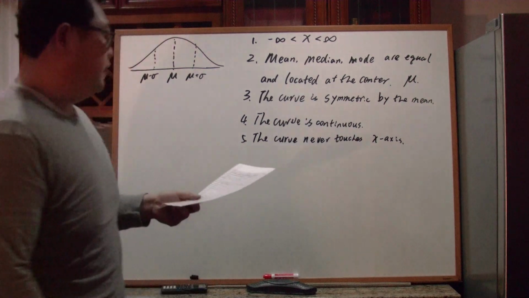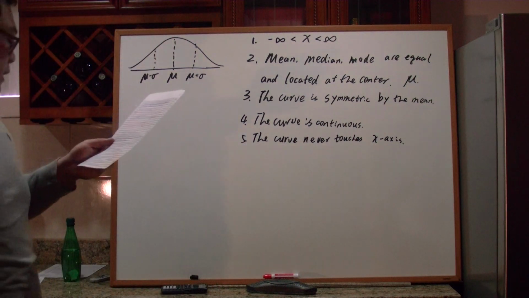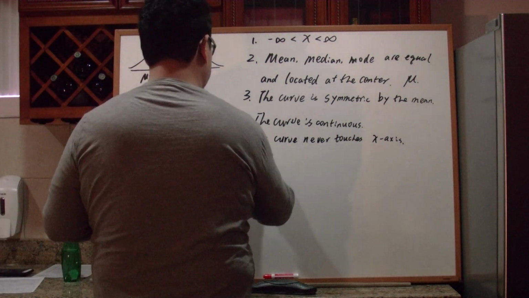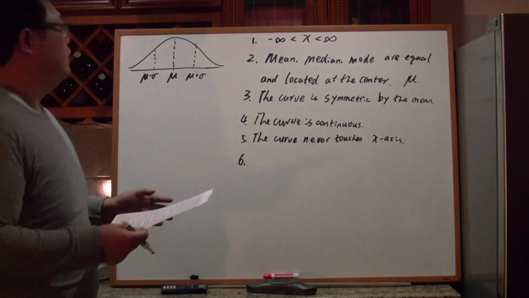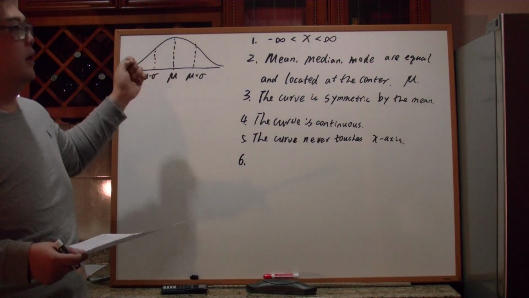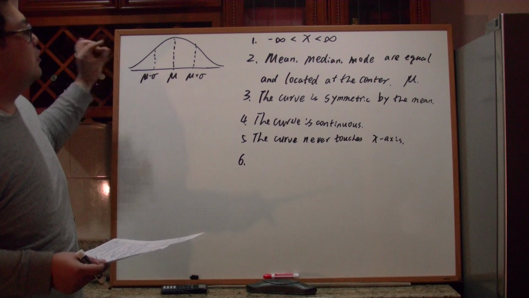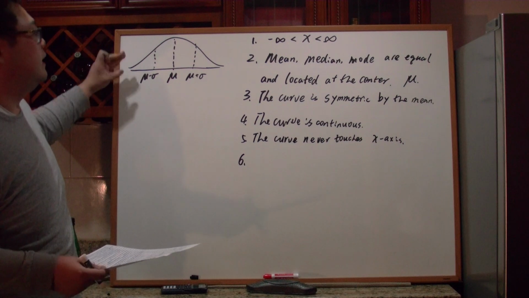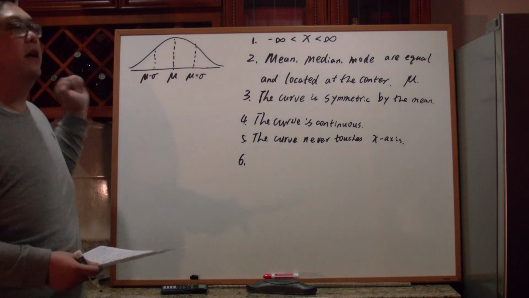The curve never touches the x-axis, and for every probability distribution, the total probability is 1. Especially for a continuous probability distribution, the probability is the area under the curve.